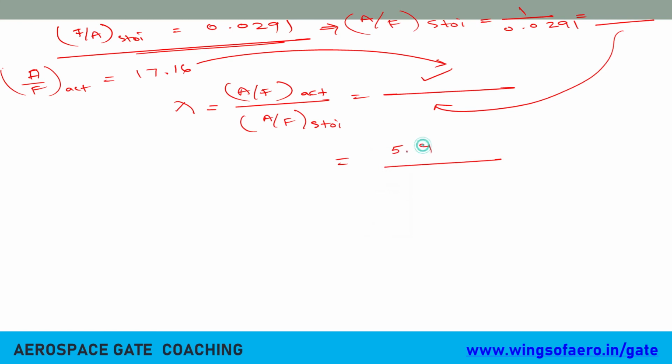All are getting the same answer? 0.589 or... Ma'am, I am getting 0.49. 0.49, right? That means lambda value is less than 1, or greater than 1, or equal to 1? It is less than 1. So less than 1 restriction.